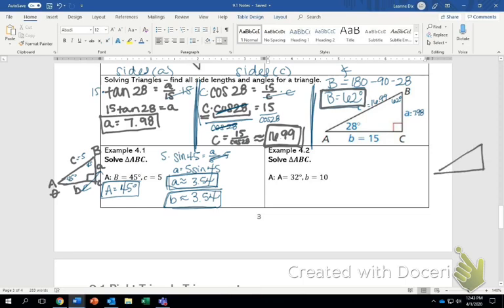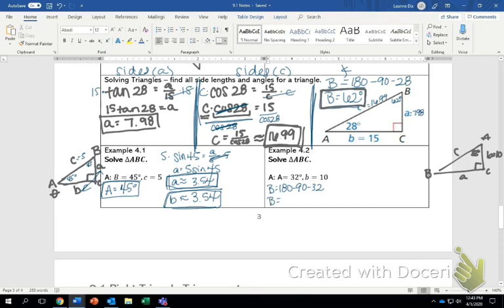All right, and I'm going to flip my A and B this time. So this is C. I'll put A on the top and then B on the side this time. The pieces of information they gave us were that A is 32 degrees and B is equal to 10. From that we can find our information about B. B is going to be 180 minus 90 minus 32.